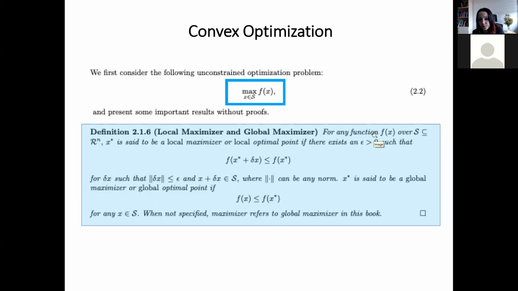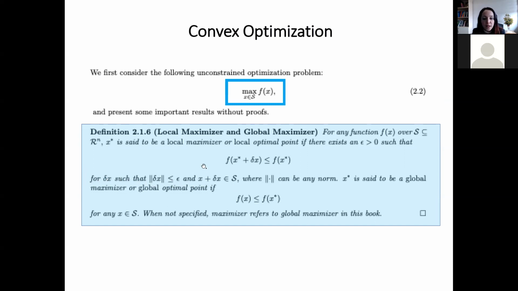For any function f of x over some set S in Rn, x star is said to be a local maximizer or a local optimal point if there exists an epsilon that is positive such that f evaluated at x star plus delta x is less than or equal to f of x star, for delta x such that the magnitude of delta x is less than or equal to epsilon and x star plus delta x is in S.